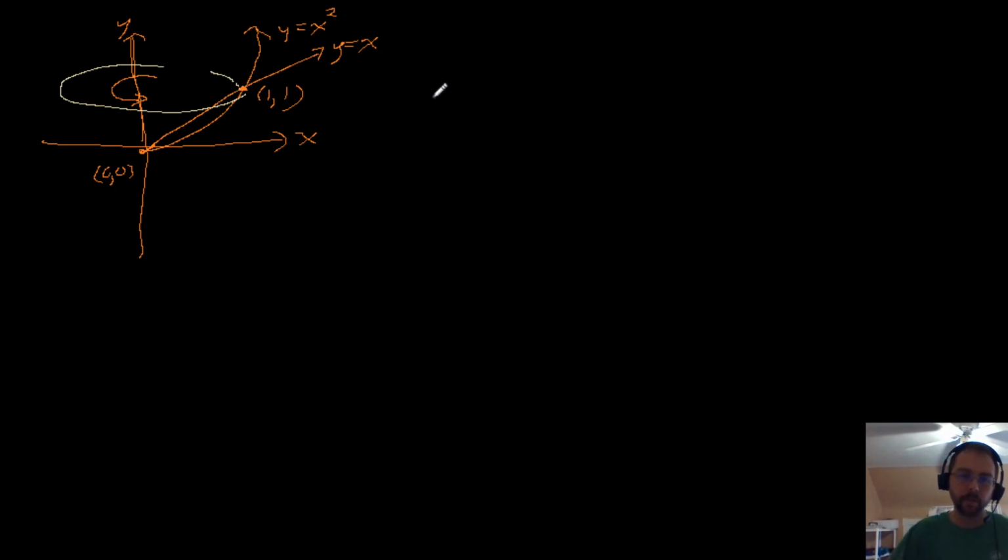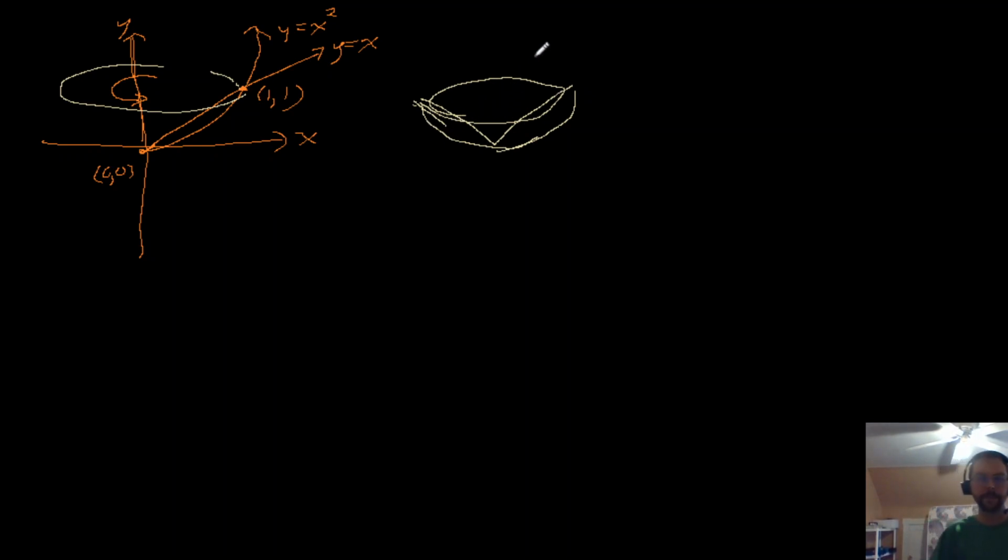The inner part will sort of look like this, and then the outer part will look like this, except it's going to be that shape rotated all the way around. I don't know why I can't really sketch that very well, but hopefully that gives a sense enough of what it's going to look like.